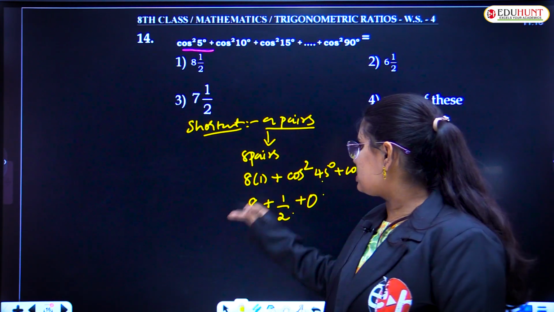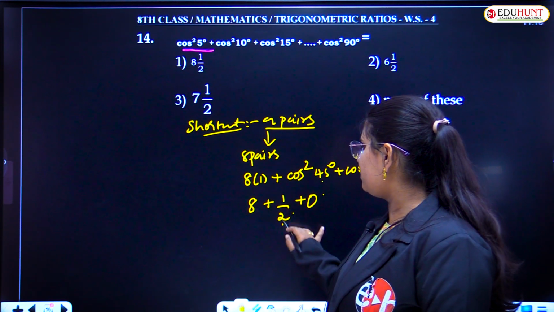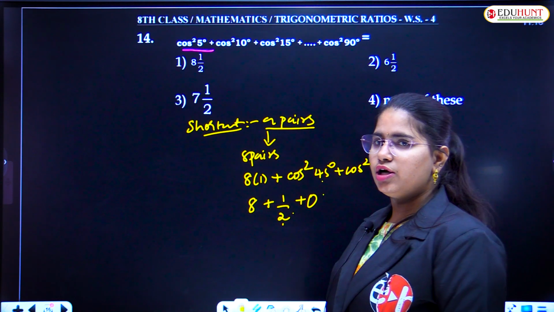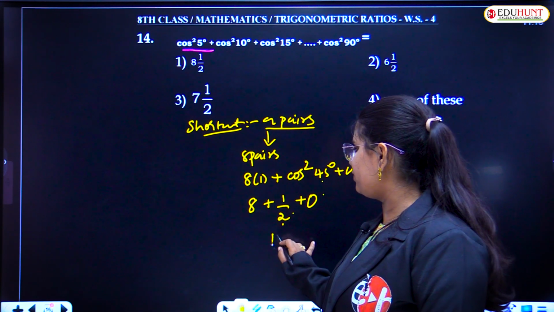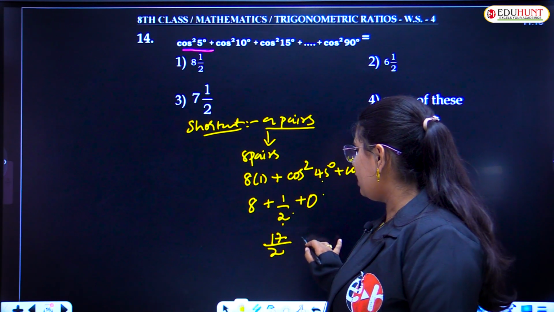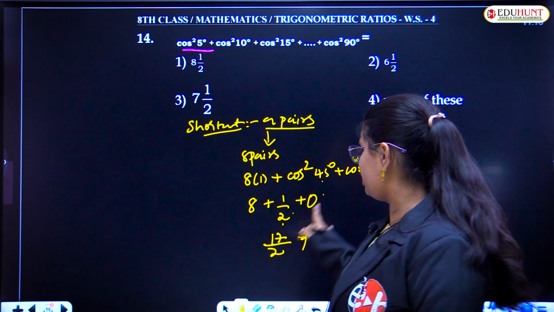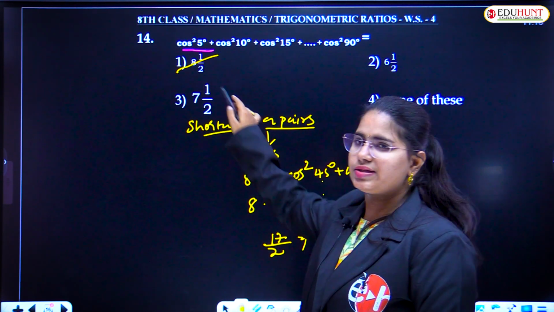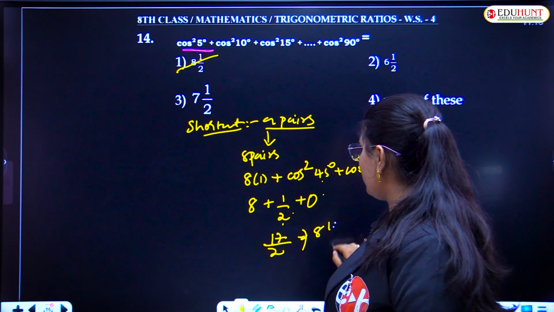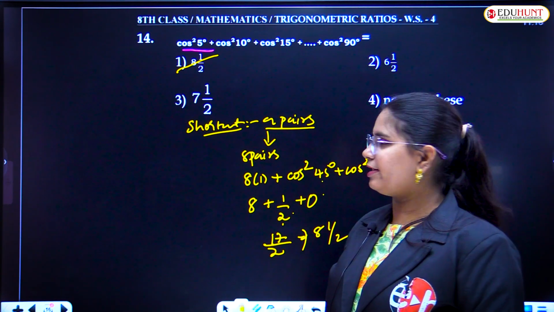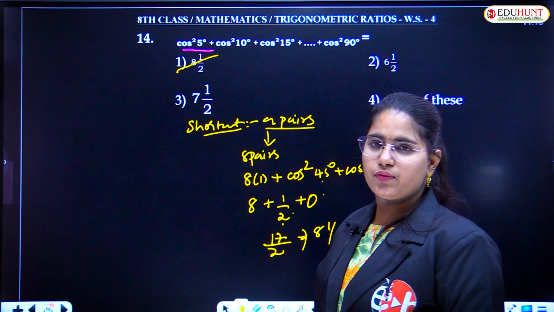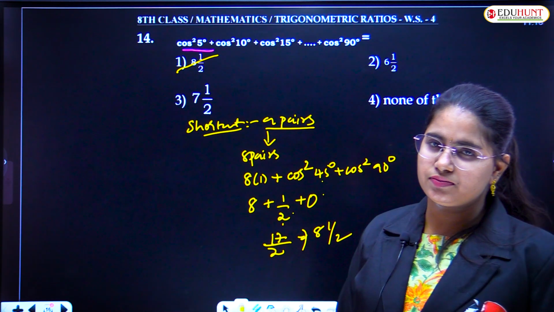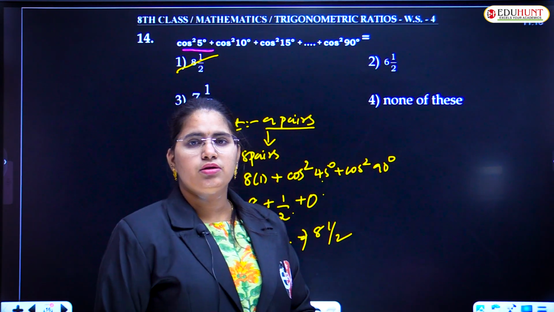So 8 plus 1 by 2 plus 0, which is how much? 2 8s, 16 plus 1, which is 17 by 2. And the mixed fraction version is 8 and a half. So what is the option over here? It's the first option.